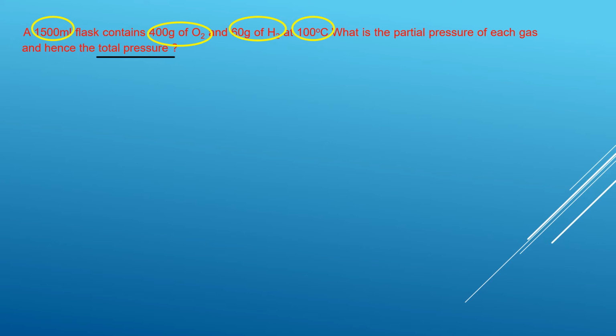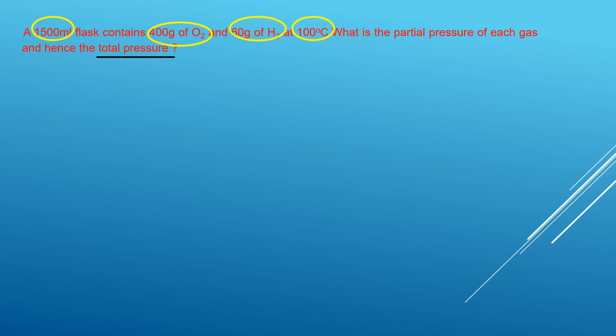Now, which equation are we going to use which uses these variables? Let's check out what we have. We have the volume, we have the temperature, and we have the mass. So from the mass, what can we calculate? From the mass, we can find the moles. So we have the volume, we have the moles, we have the temperature, and we need to find the pressure.